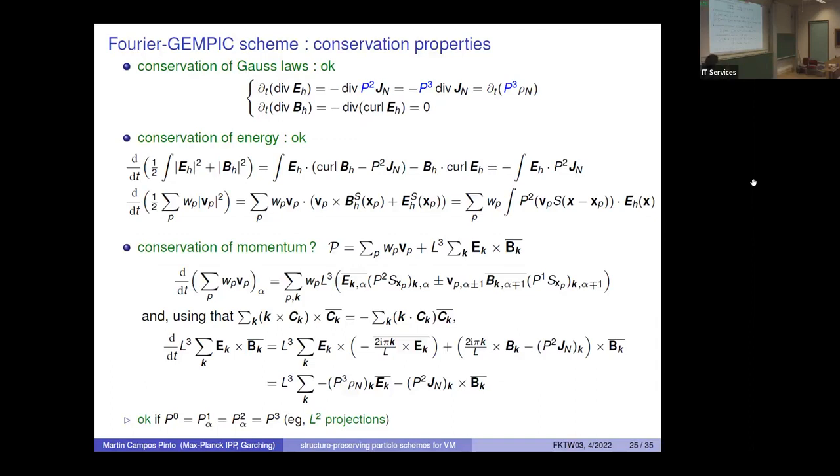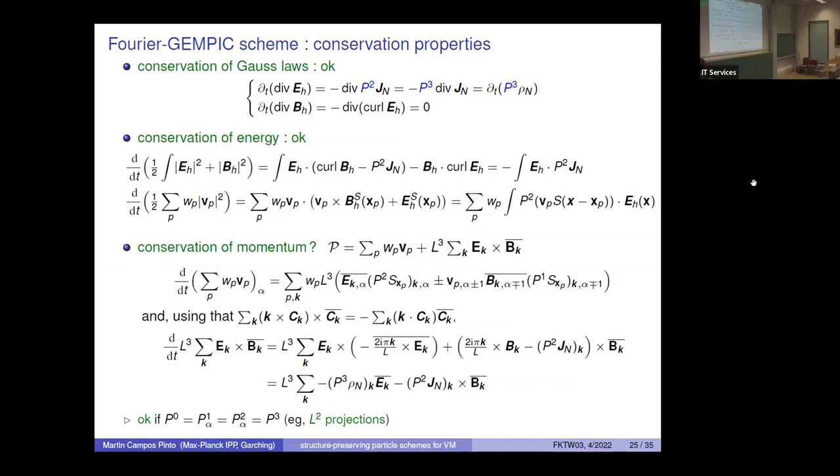So the general form of the variational FEM-PIC schemes that I described does not preserve momentum in general, but you can redefine, change slightly the coupling field, not the coupling density, but the coupling field in such a way, by switching some of the projection operators in particular, but still in this general framework, and obtain a nonlinear scheme that preserves exactly the Gauss laws and the momentum, if this is what matters for your simulations.